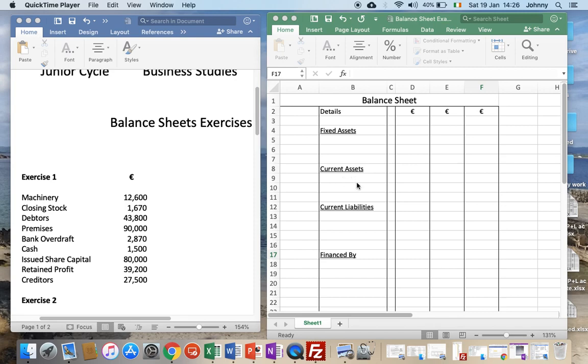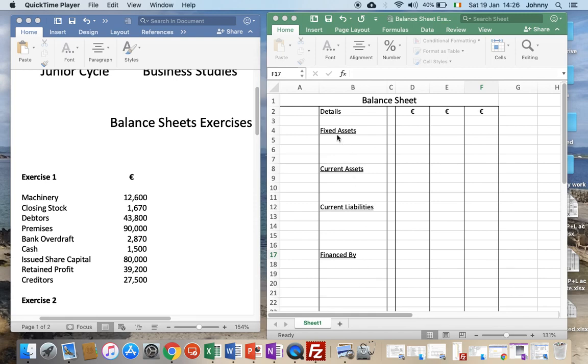Liabilities are debts, bills that we owe, money that we owe, and current means that we owe these bills for a short time and we will pay them off over the next days, weeks, maybe months. Finance by is how did we pay for our business? Where did the money come from long term that we invested in trying to build our business?